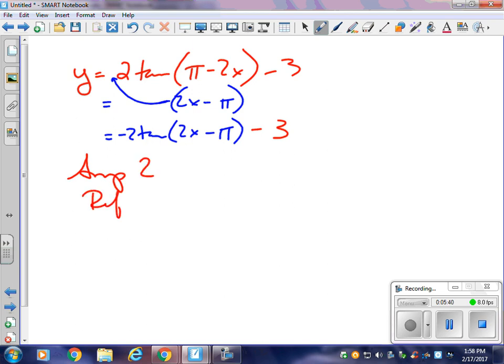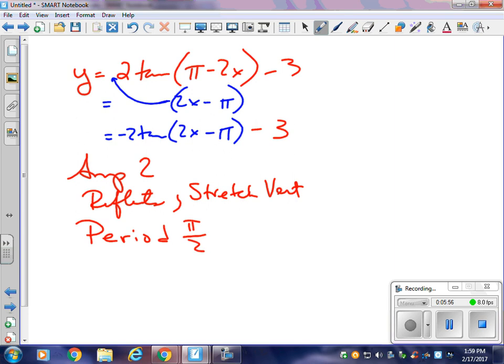It reflects, and it will stretch because 2 is bigger than 1 vertically. Our period is pi divided by 2 because of the 2 in front of the x. That's why it was so important to fix that.